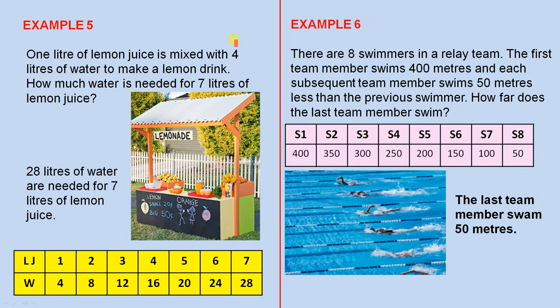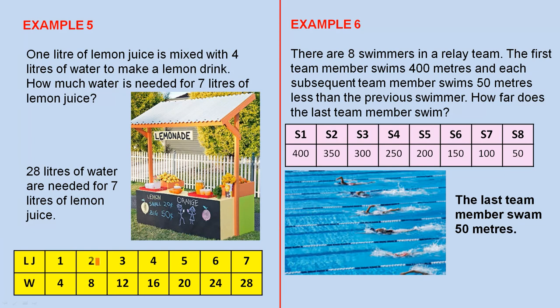Example 5. 1 litre of lemon juice is mixed with 4 litres of water to make a lemon drink. How much water is needed for 7 litres of lemon juice? Well, if we have 1 litre of lemon juice, 4 litres of water are needed.